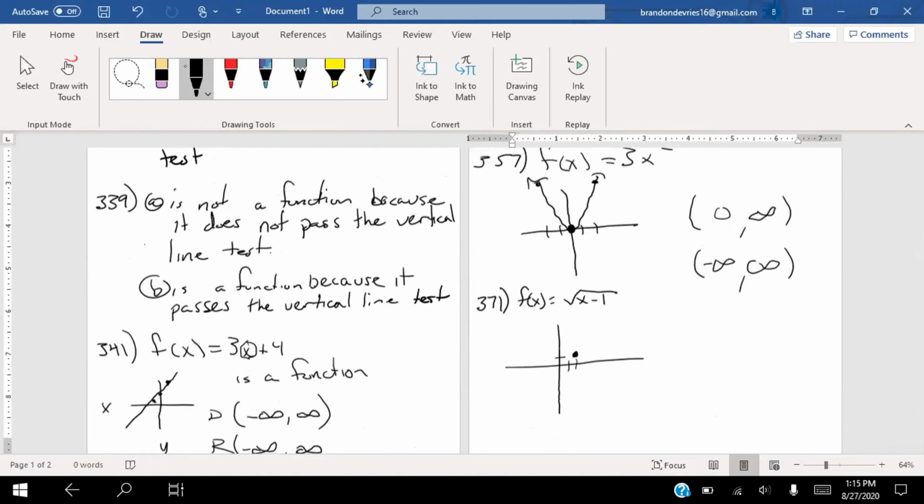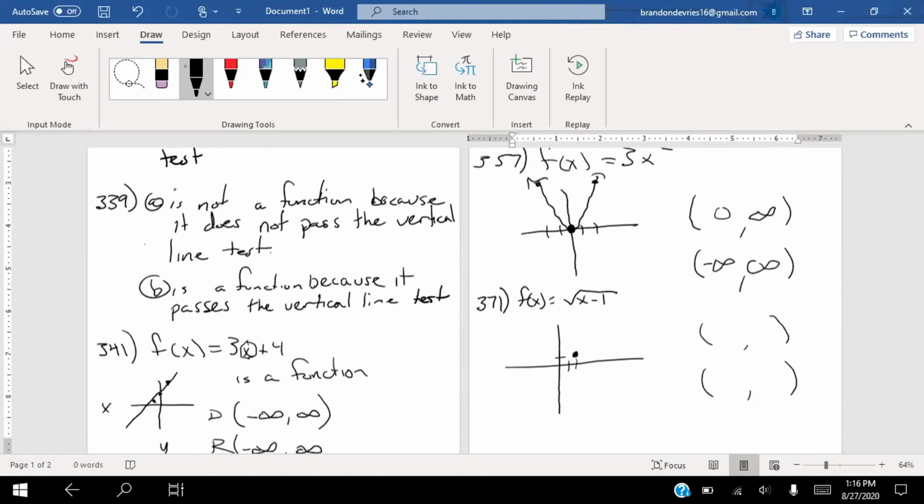So then the domain and range. We still got to plug in another number. All right, so how about 4? So 4 minus 1 is 3, square root of 3. What is the square root of 3?